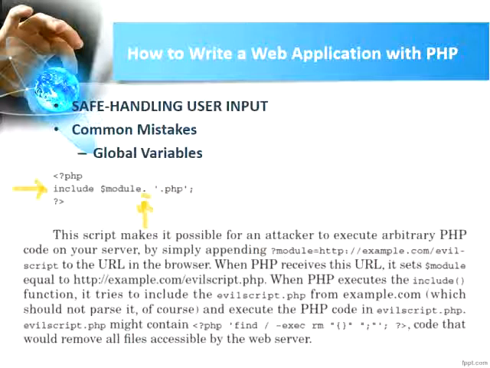And if an attacker writes the value of this model to another file, he can create a problem. He can, for example, remove all files accessible by the web server.